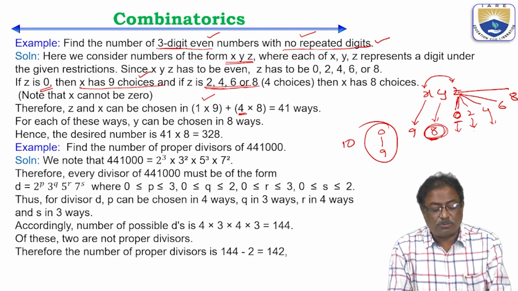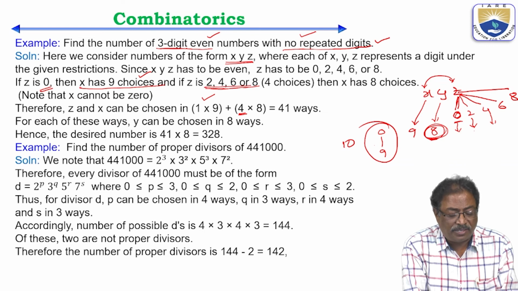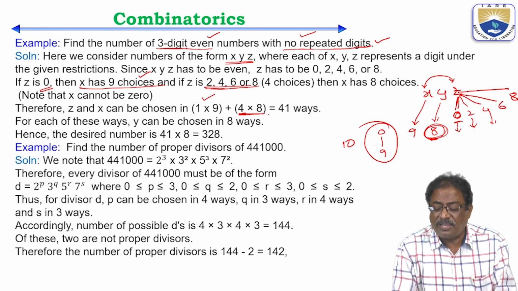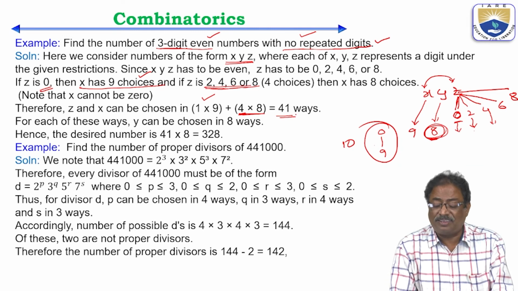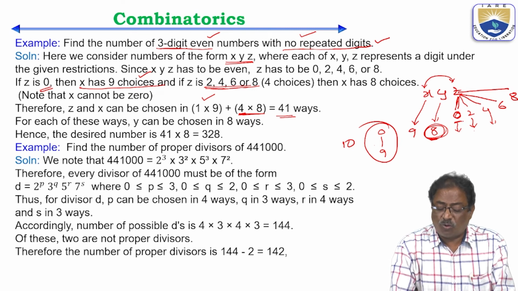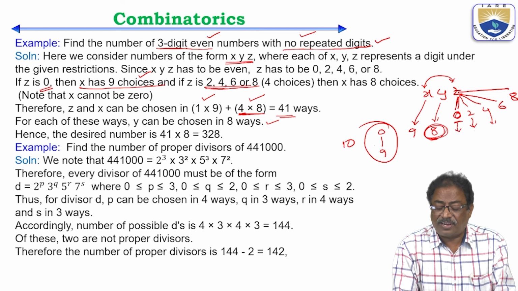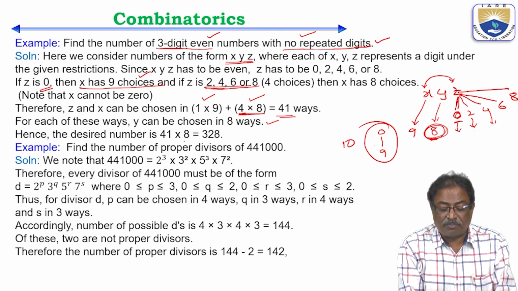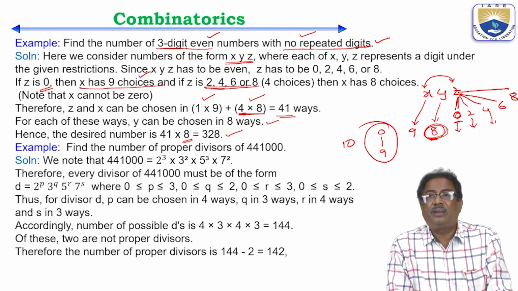So y is selected only from the numbers other than these two. z and x can be selected in 9 ways and 4 ways, and y can be selected at each time in 8 possible ways. So that is nothing but 328 ways we can select.